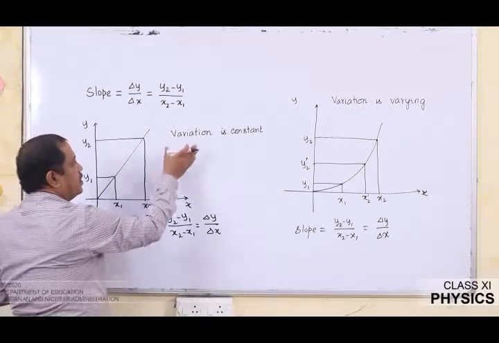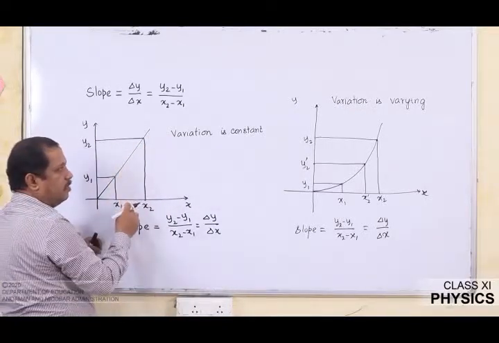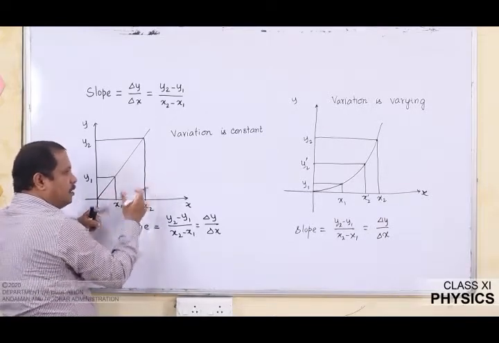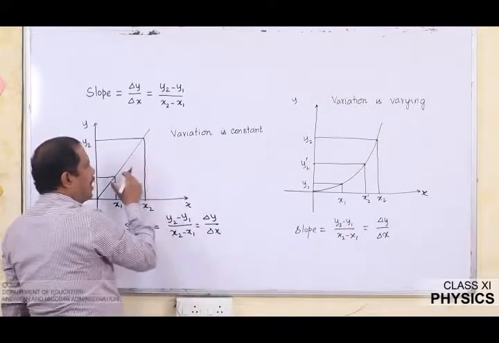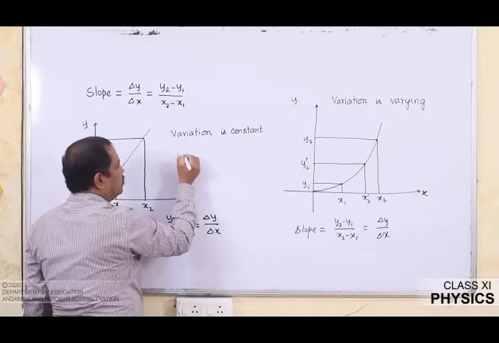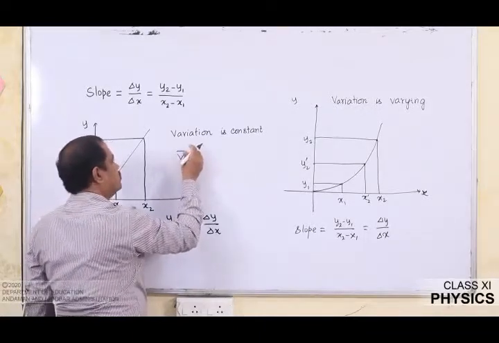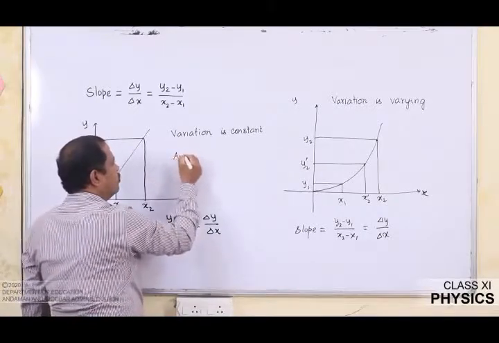Now, when variation is constant, over any interval the slope is constant. Therefore, over any small interval or large interval, the slope calculated will always be an average value. So, this is average variation.